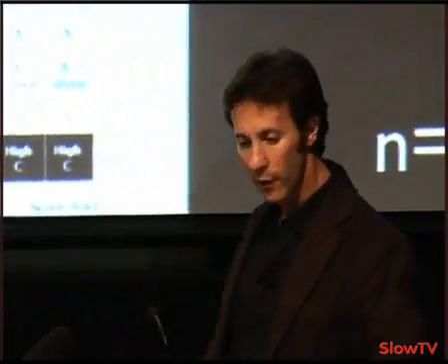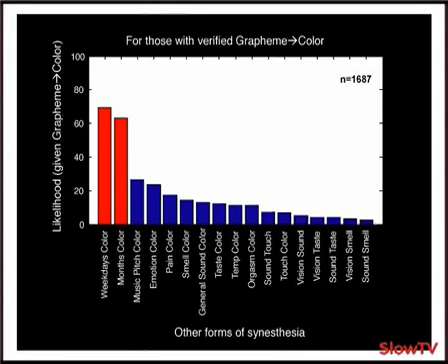How do these things clump with each other? Well, right away we started seeing some very clear patterns. So here's just an example. If you have colored graphemes, which is letters and numbers, then you're really likely to have colored weekdays and really likely to have colored months, but you're not really terribly likely to have any of these other forms of synesthesia. You're not really more likely than anyone else in the population to have those.